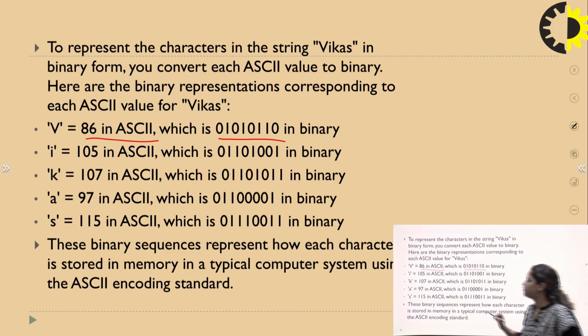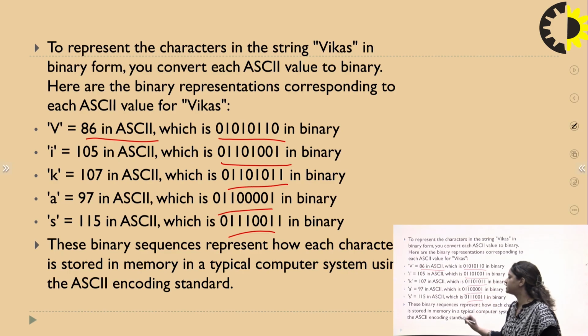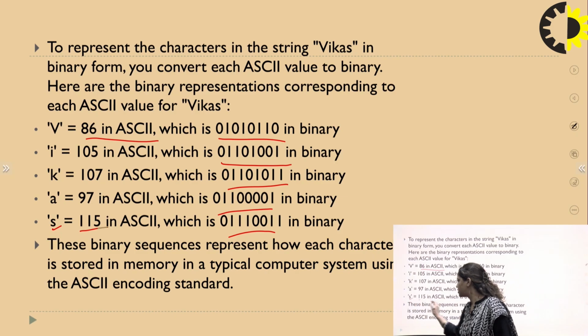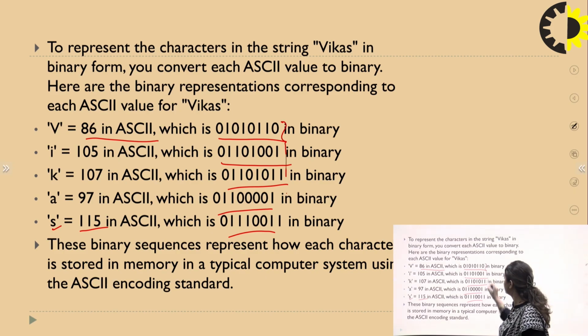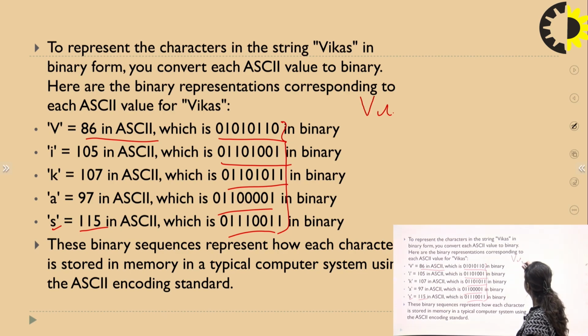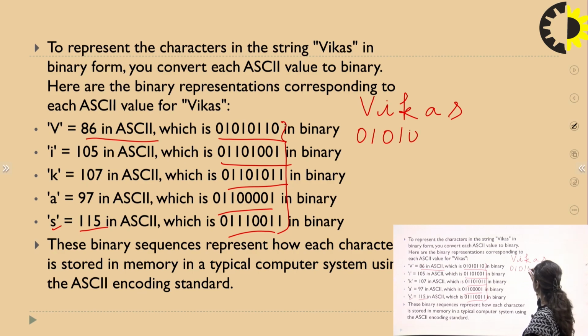And for 105 it will be like this. These are all the binary equivalents of these characters. First they are converted into decimal numbers, and then into their binary equivalents. Now after this binary conversion, the next step followed by the algorithm is to join these numbers together, starting from V, then I, then K, then A, and then S. For V we have 01010110.